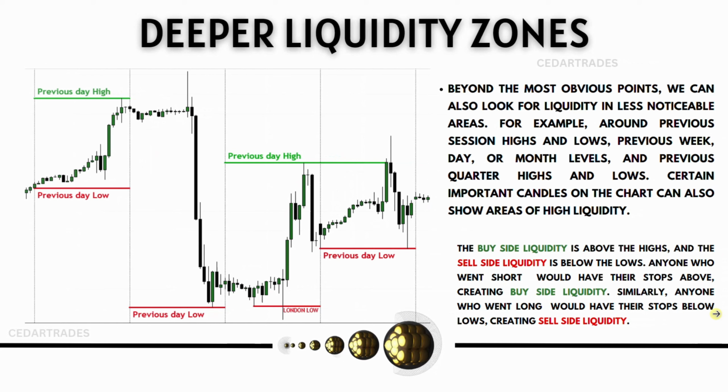And also certain candles on the chart can show areas of liquidity. The buy side is above the market highs, and the sell side liquidity is below the market lows. Anyone who went short would have their stop above, creating buy side liquidity. Similarly, anyone who went long would have their stops below a low, creating sell side liquidity.